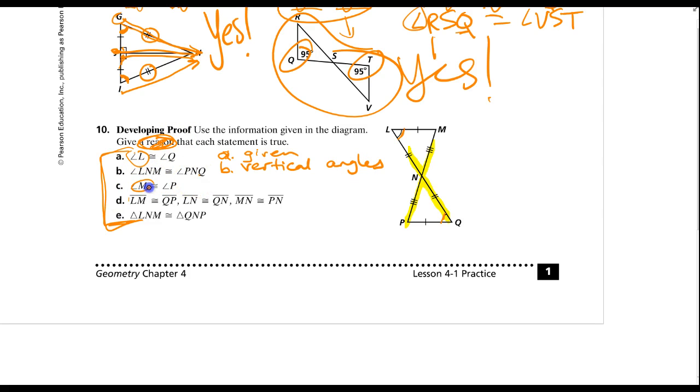Next, angle M congruent to angle P. Well, that's funny. If I've got this angle matched up with this one, and this one matched up with this one, let me give it 2 arc marks. Then I'm trying to make a statement about a third angle.